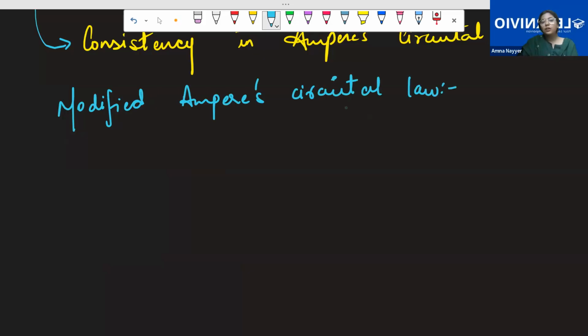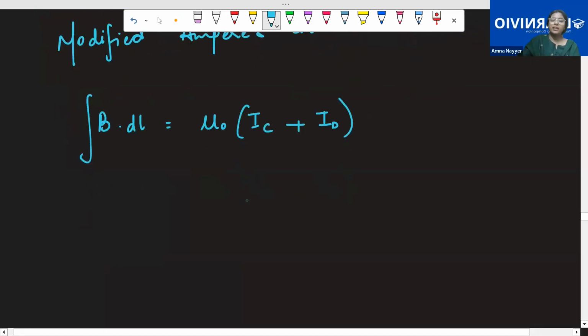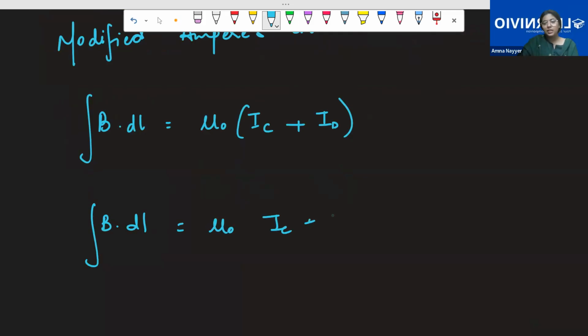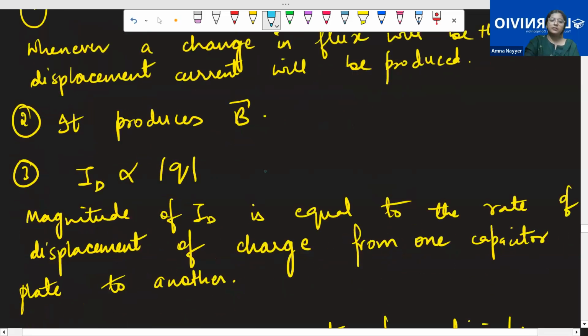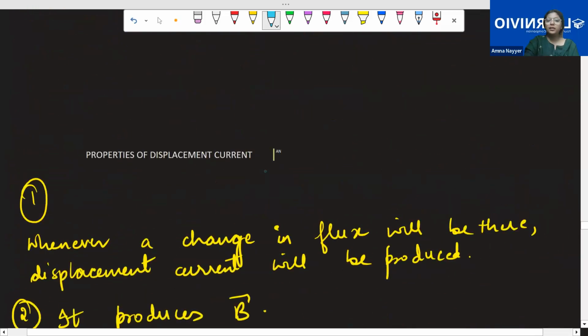In modified, we'll say the integral of B dot dl is mu naught times the conduction current plus the displacement current, which you can say is mu naught times conduction current plus epsilon naught d phi over dt. This is it. So properties we'll see, and then the numericals.